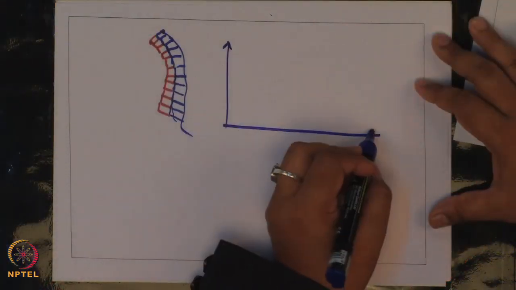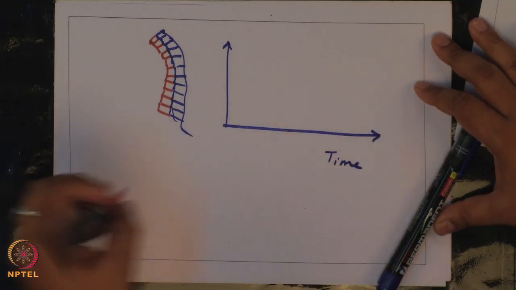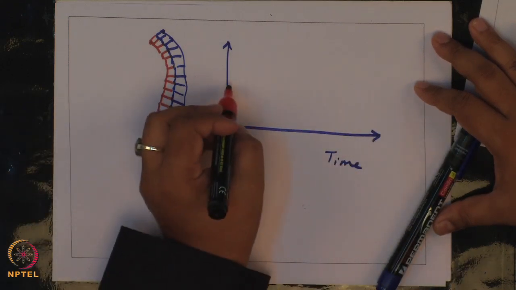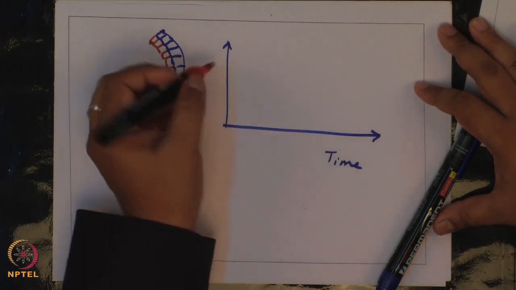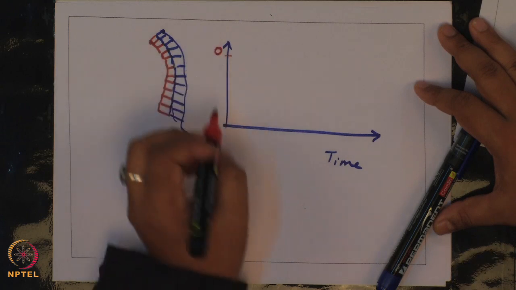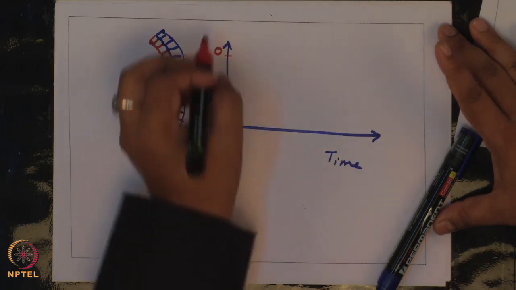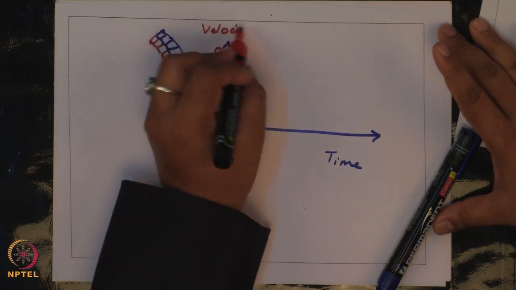So, what we observe, once again this is time. Because flow is backward, your velocity scale is actually negative. It starts from 0, let us say this is minus 15 or whatever. You have velocity.